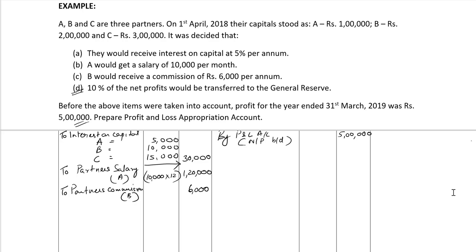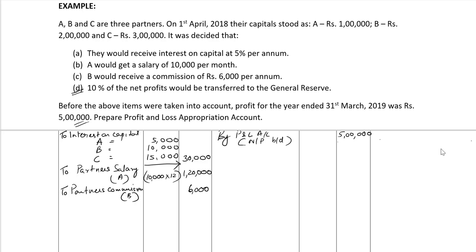The next item is the D subdivision. 10% of the net profits should be transferred to general reserve. The net profit refers to the profit which has been brought down from the profit and loss account to the P&L appropriation account after all charges have been made.